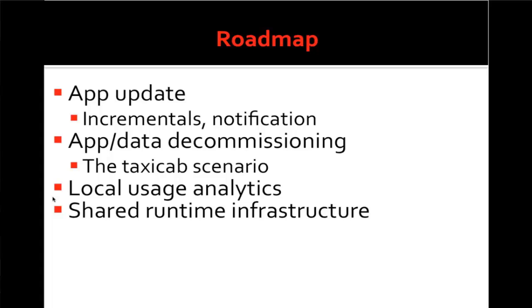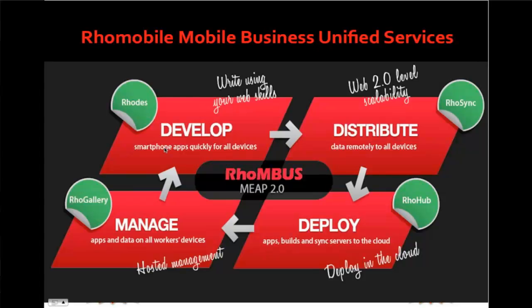With the addition of RhoGallery to our suite of products, we now have everything that you need to develop, distribute, deploy, and manage your apps and data for all of your users and internal employees, and potentially external customers. So we have Rhodes, which lets you develop smartphone apps quickly for all devices.